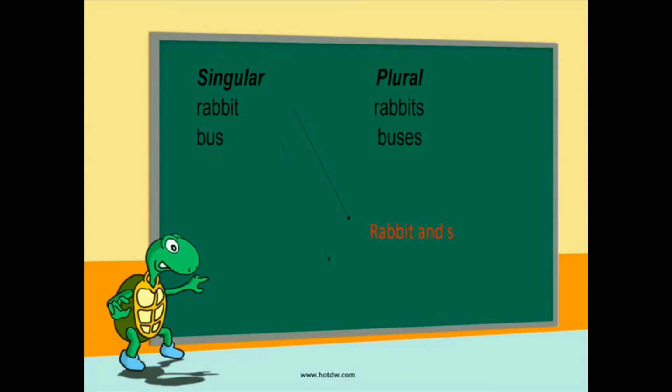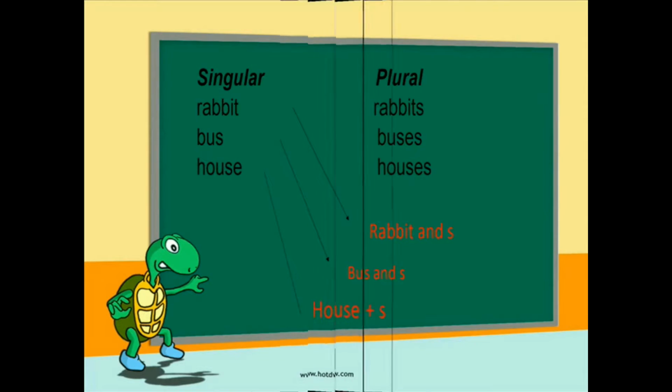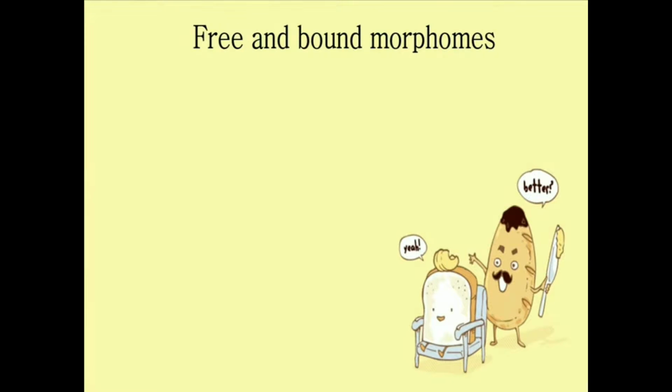And bus, buses. Morphemes: bus and s. House, houses. Morphemes are house and s. Free and bound morphemes. Free morphemes like meaningless.